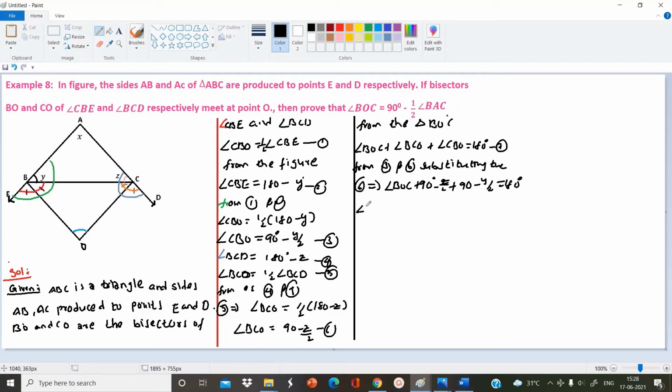So simplifying this, angle BOC plus 180 minus Z by 2 minus Y by 2 equals 180 degrees.